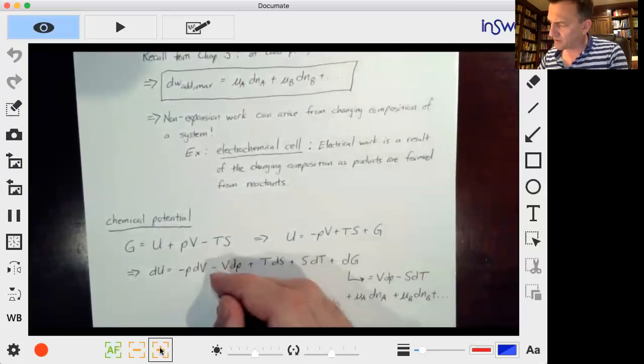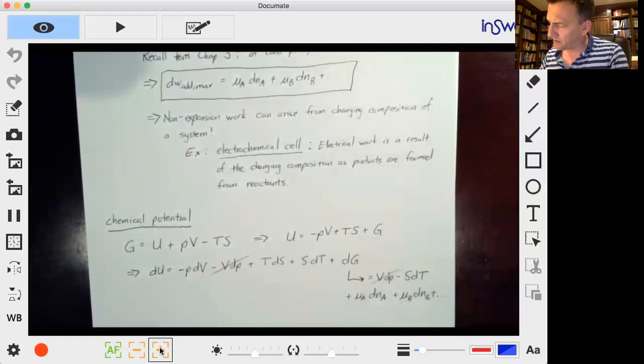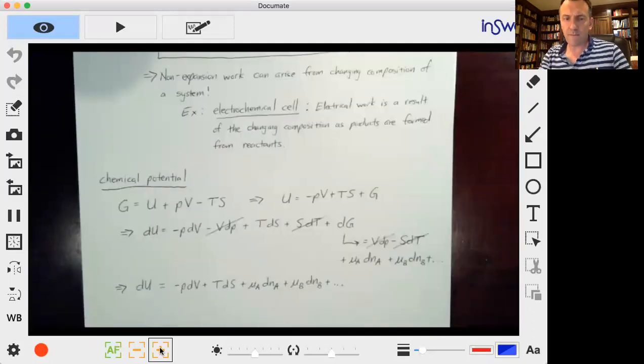And likewise, this minus SdT inside the dG is going to cancel with SdT outside. All right, so that leads us, after cancellations, to this formula for dU: minus PdV plus TdS plus mu A dNA plus mu B dNB.